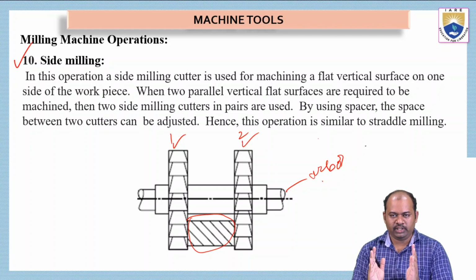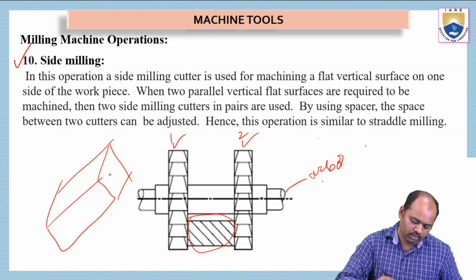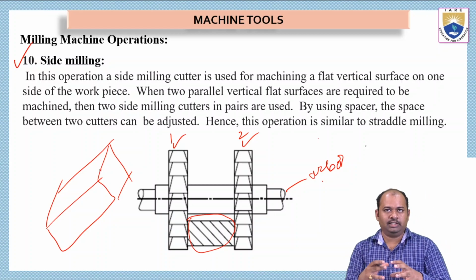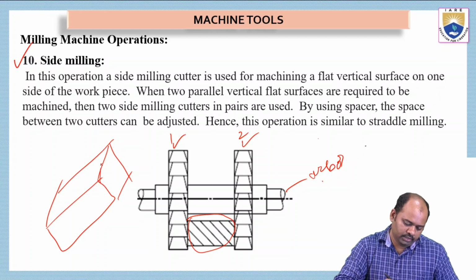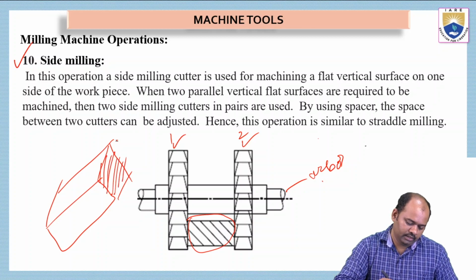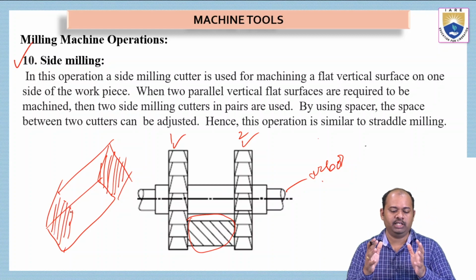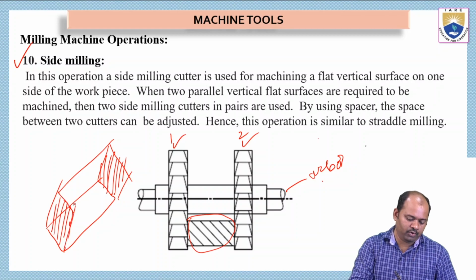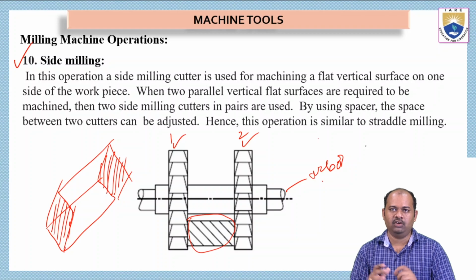Suppose if this is a workpiece, if I use this side milling process, I can mill this side as well as the hidden side. These two sides can be easily milled with the help of this side milling operation.